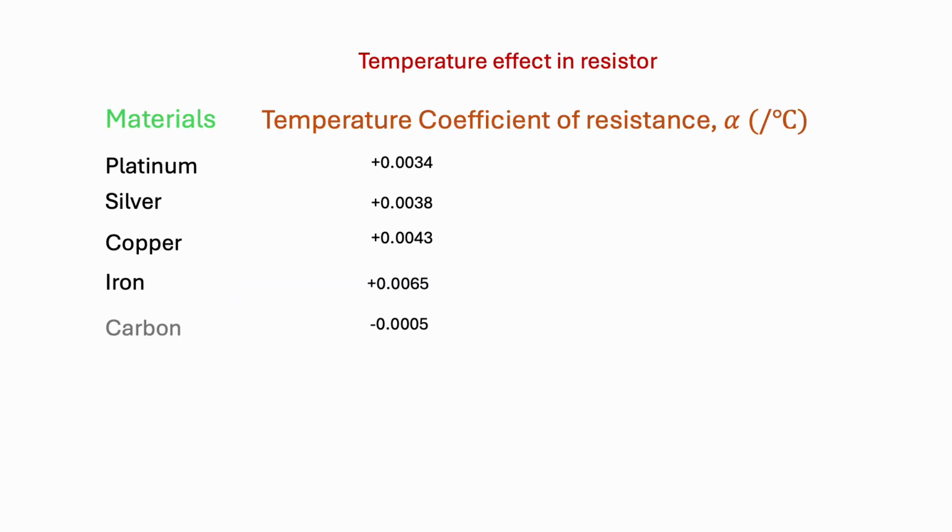Depending on the conductor's type, suppose metal or non-metal conductor, the temperature coefficient of resistance alpha, which is expressed in per degree Celsius, could be positive or negative.